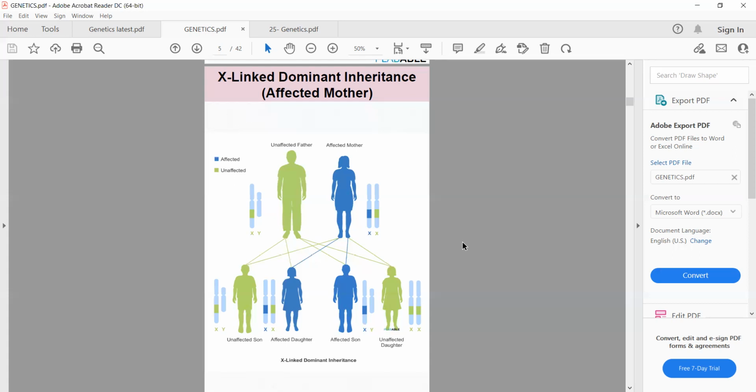Because it's a dominant gene, it's a dominant pattern of inheritance. By dominant we mean that this defective gene is dominant to that normal gene. It will not express the normal gene. So that's why only one defective gene can cause the disease if the gene is dominant.